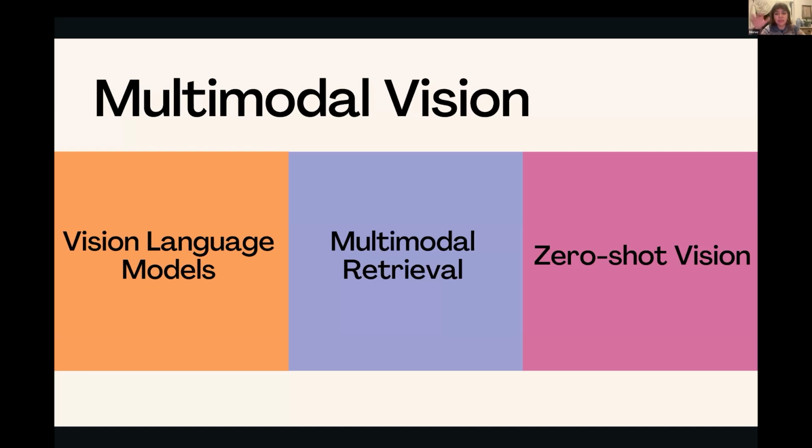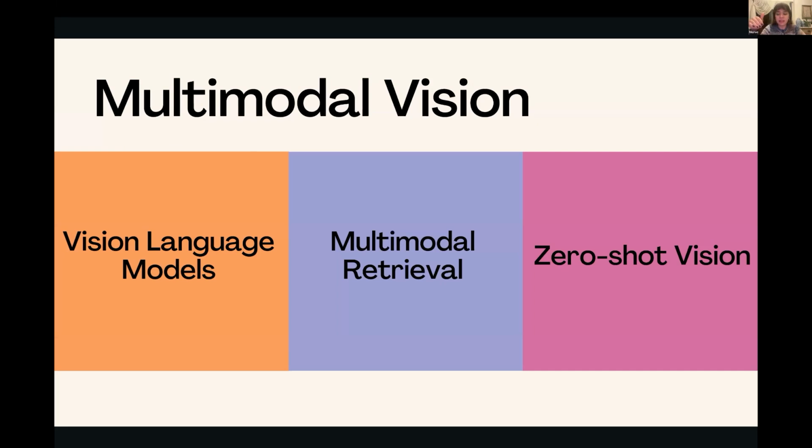And for zero shot vision, it's also called open set or open vocabulary. Initially I was super confused, but these terms are used interchangeably when we are talking about zero shot models.